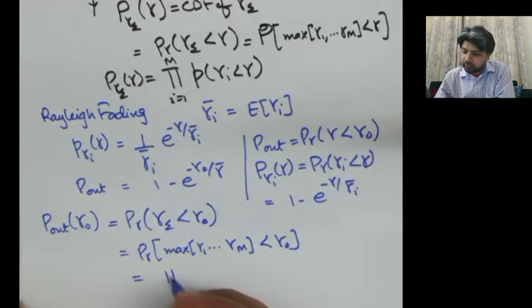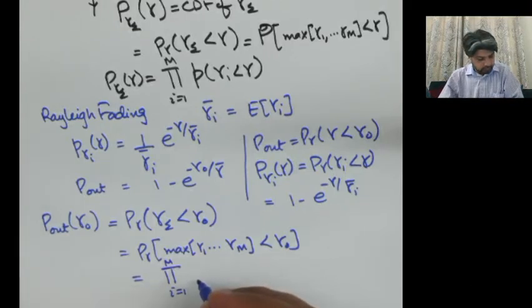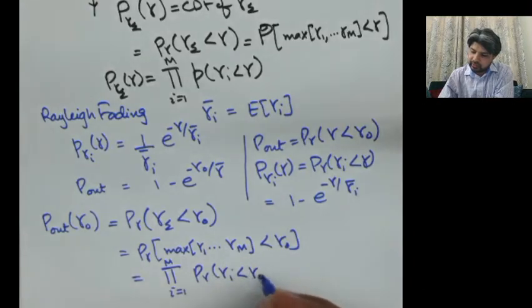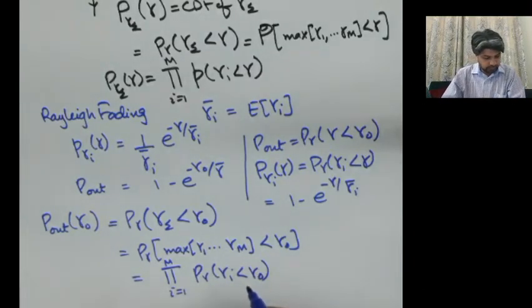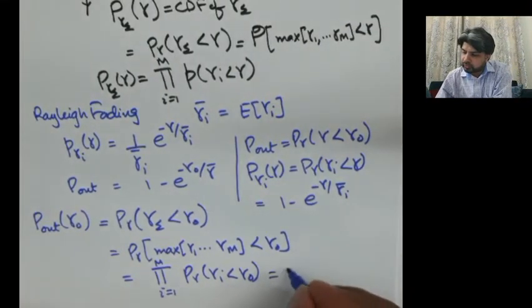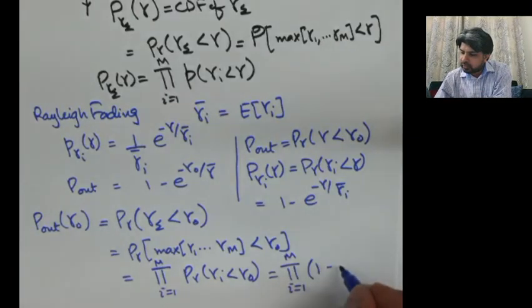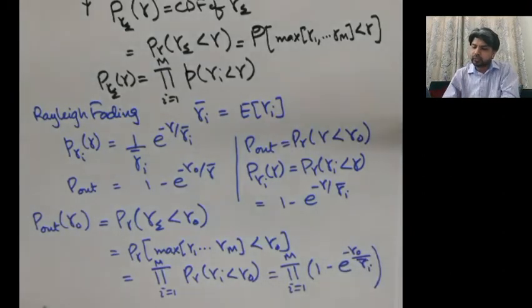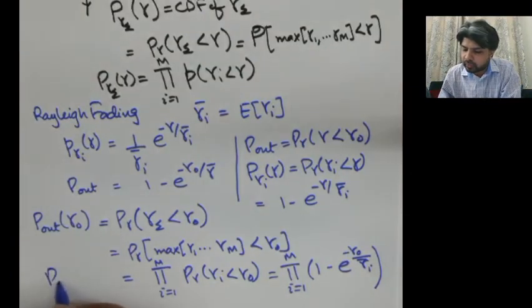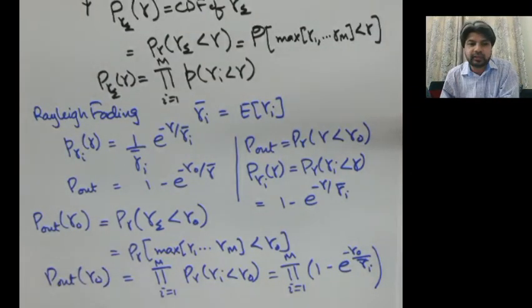That means it is the product from I equals 1 to capital M of the probability that gamma I is less than gamma naught, and we know that would be the product from I equals 1 to capital M of 1 minus e to the power minus gamma naught over gamma I bar. So that would be your outage probability with selection combining.